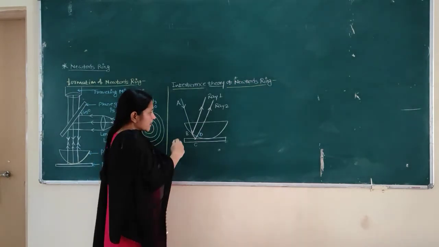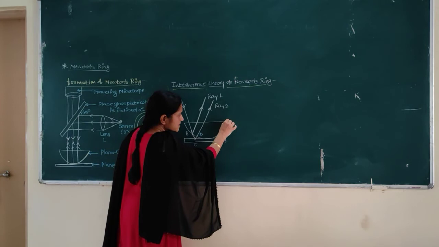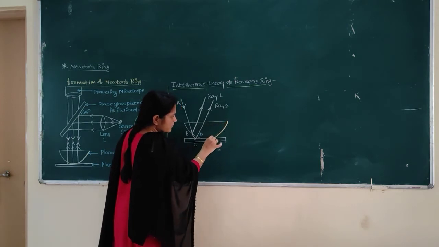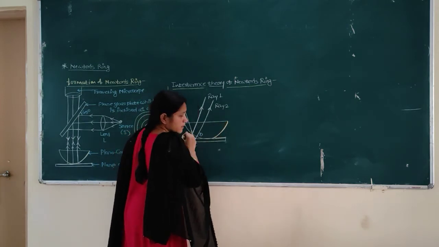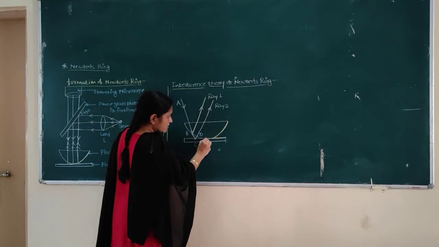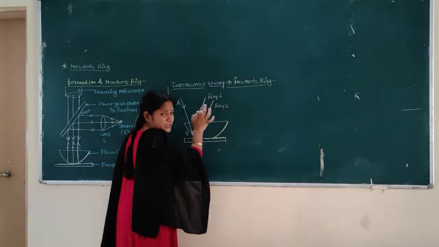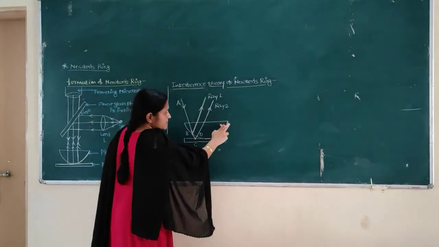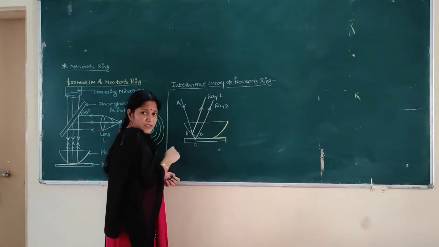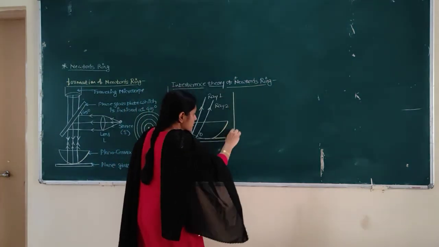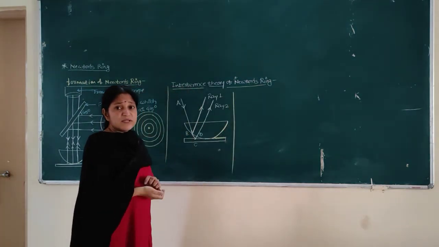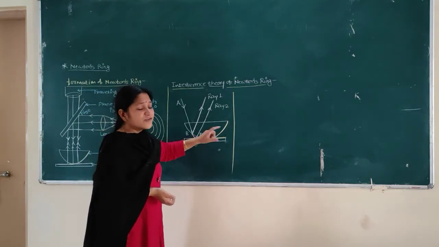Now already I have told you this is the wedge-shaped film. At the point of contact the thickness is 0, and if we see this figure then it is observed that gradually the thickness of this film increases. If this is the wedge-shaped film, then we know the path difference between the two rays for wedge-shaped film.